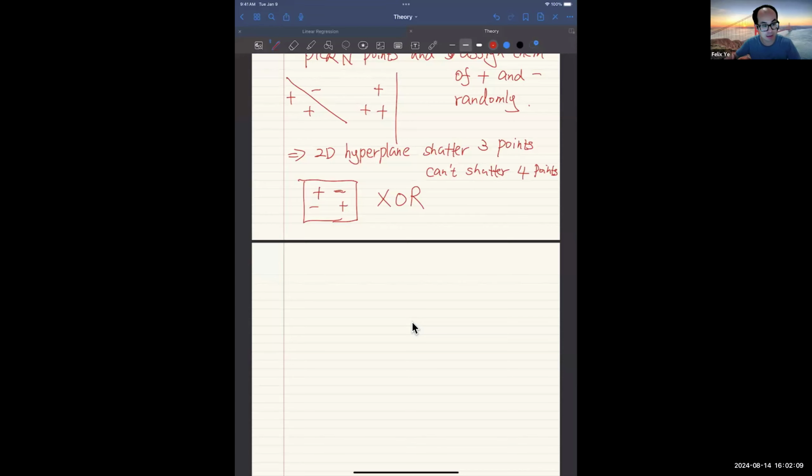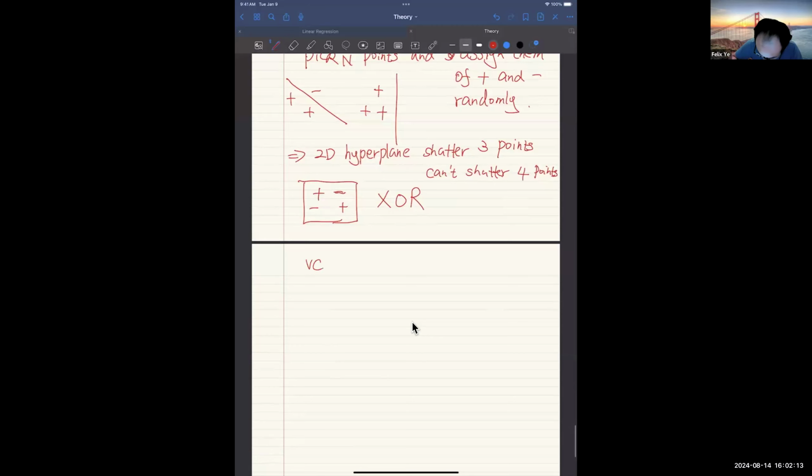So that means the VC dimension of a 2D hyperplane is actually 3. It can shatter 3 points, but it cannot shatter 4 points.